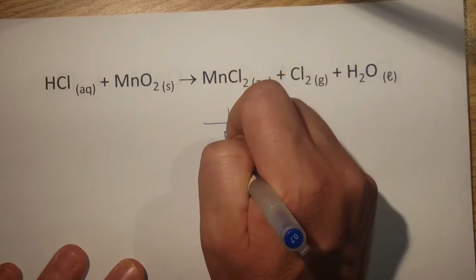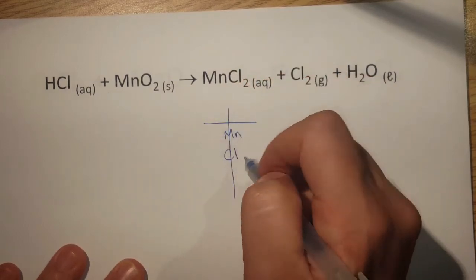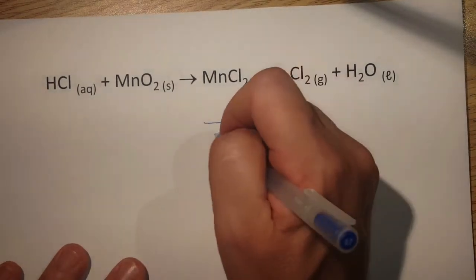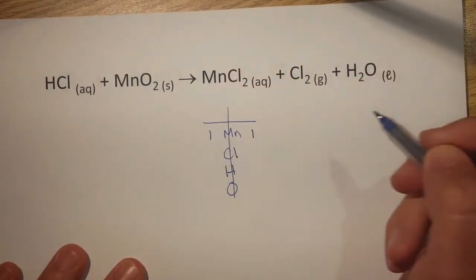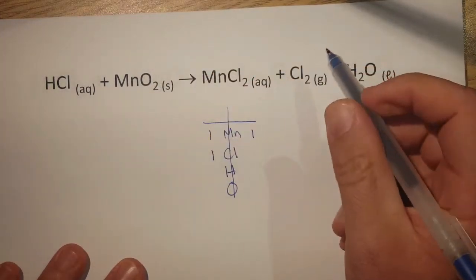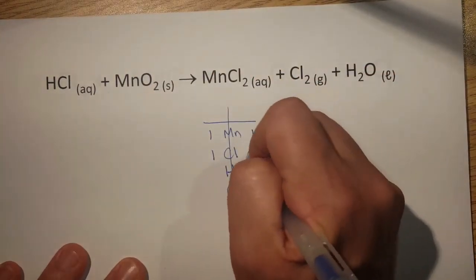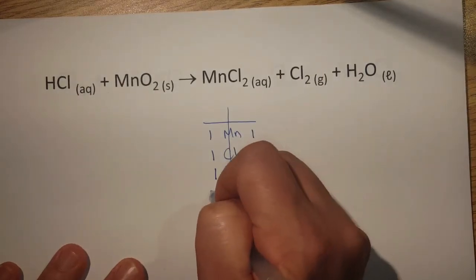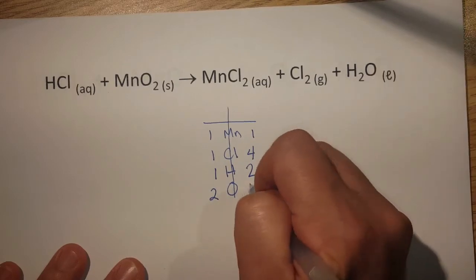So Mn, then Cl, then H, and then O. I have 1 Mn on that side, 1 Mn on that side, 1 Cl over here and 4 Cl on the other, 1 hydrogen and 2 hydrogens, 2 oxygen and 1 oxygen.